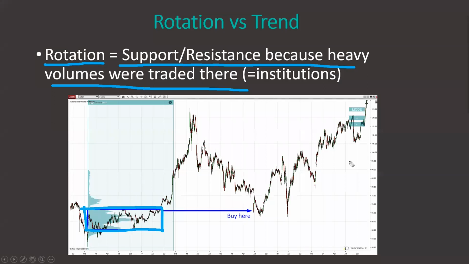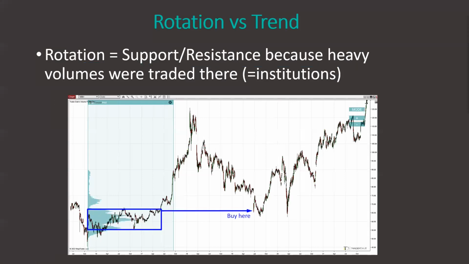So the wider the volume profile is, like for example in here, the heavier the volumes that were traded at this place. As you can see, the volume profile shows that in that rotation, heavy volumes were accumulated. The volume profile I'm showing you here is just to prove that in a rotation, heavy volumes are accumulated. If you compare it with this area, the volumes in here are way heavier, right?